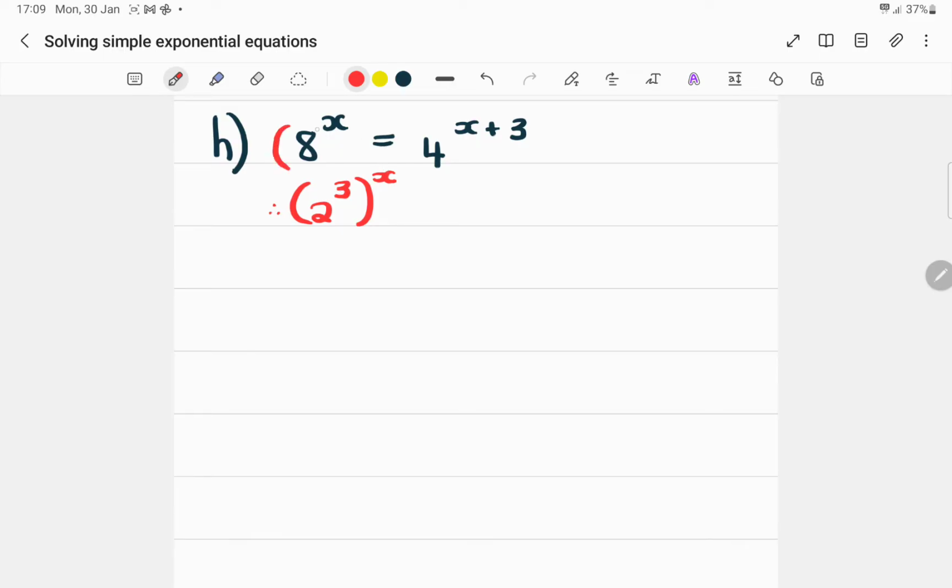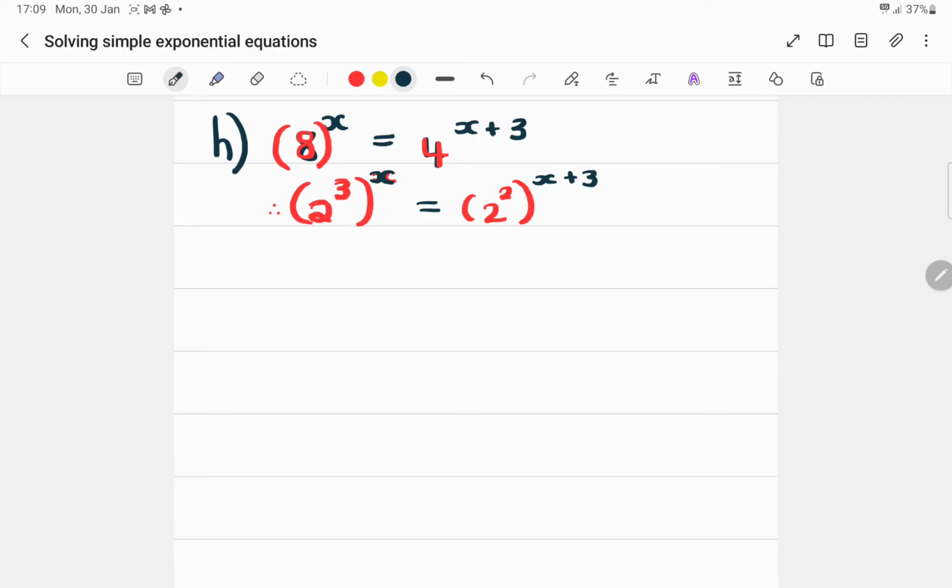So can you see all I did is I changed the 8 into a 2 to the power of 3. Then the x is still sitting over there, is equal to the 4, I'm going to change into 2 to the power of 2, all raised still to x plus 3.